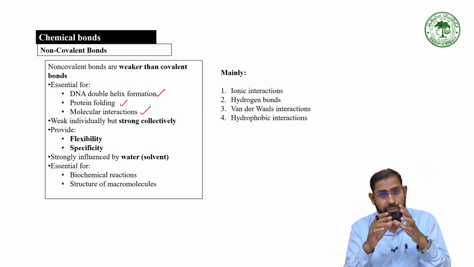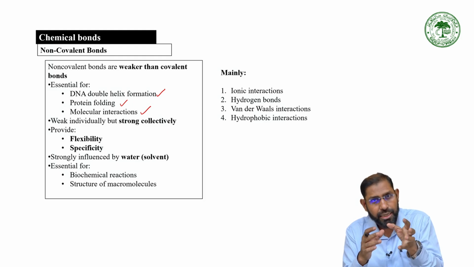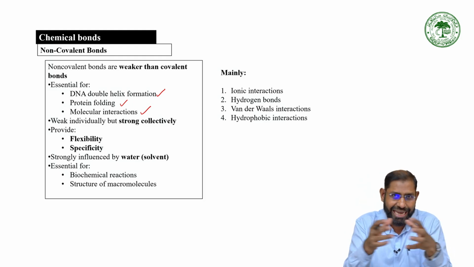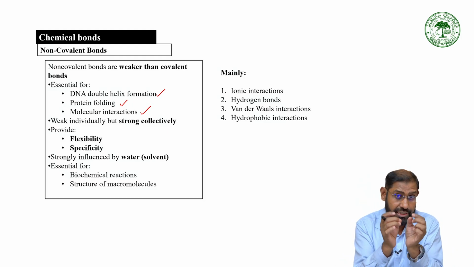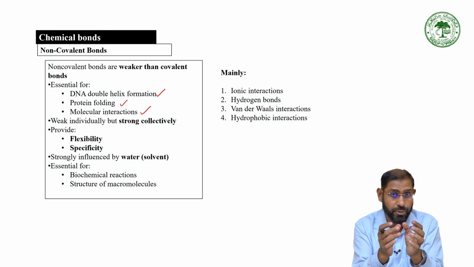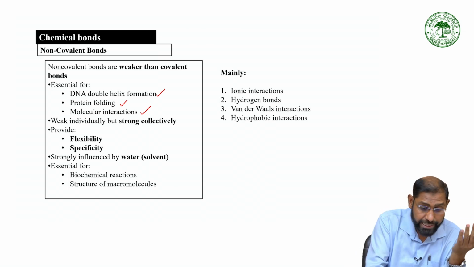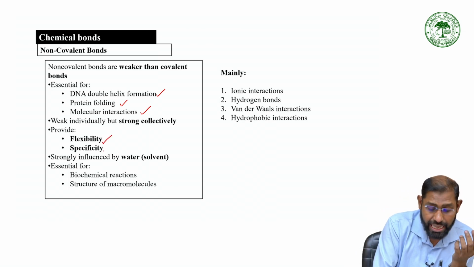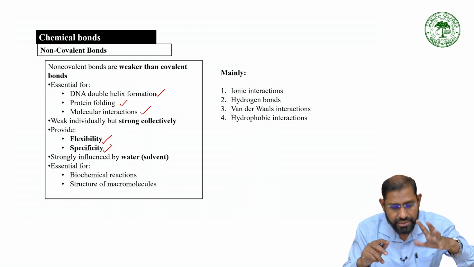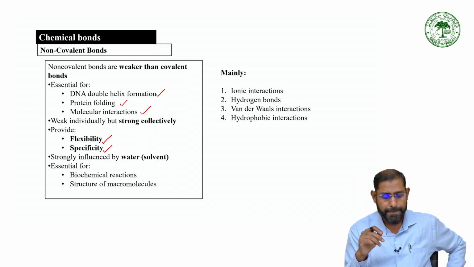They are weak individually but strong collectively. A single non-covalent bond is weak, but multiple bonds together are very strong, and they provide flexibility and also specificity. This is the characteristic of non-covalent bonds.